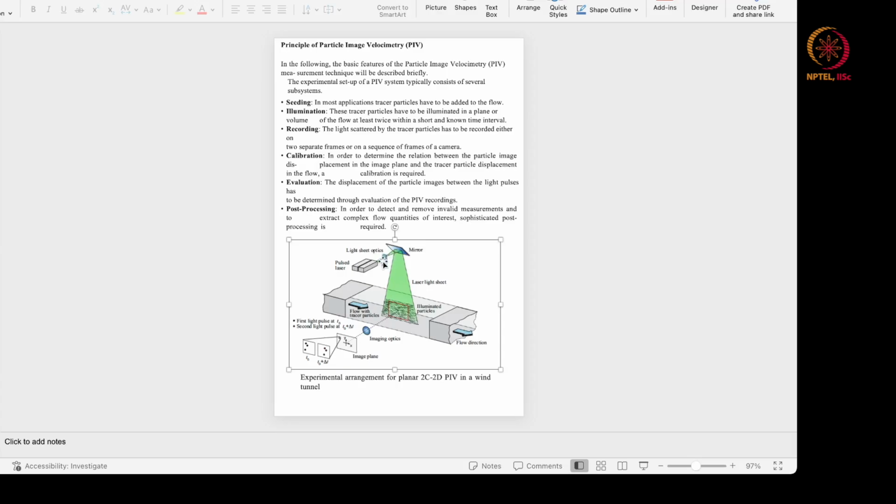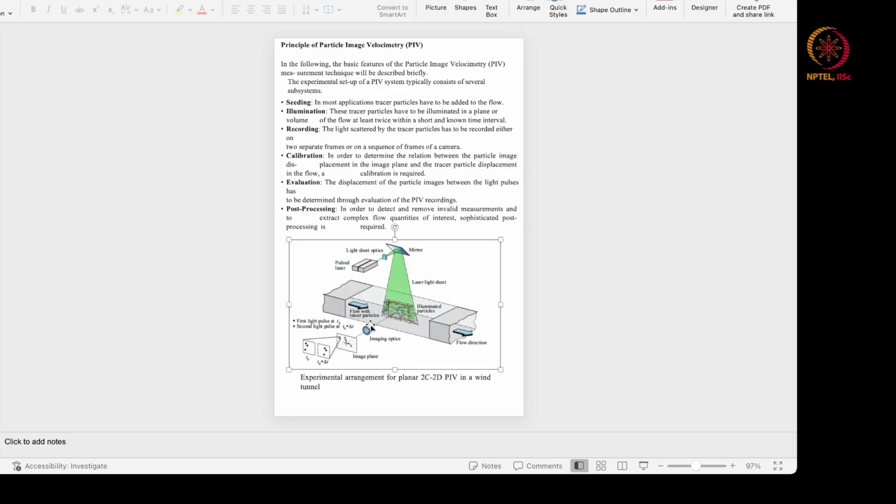It is converted into a light sheet. You already know how to make that. We use a mirror to direct the light sheet into the flow field, and the flow now contains the tracer particles. These particles are therefore illuminated, and so they scatter. We already know a little bit of what scattering is.